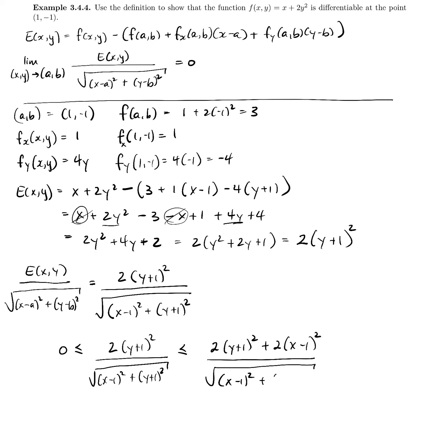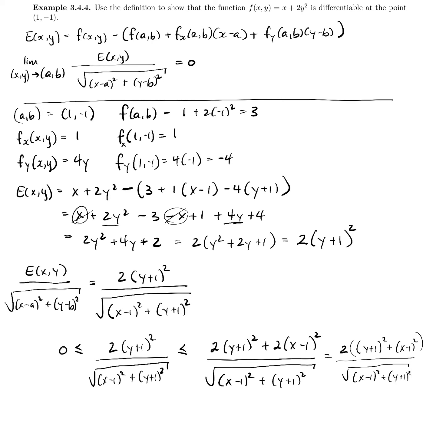Well, if we factor out a 2 from the numerator, we get 2 times (y plus 1) squared plus (x minus 1) squared, which is exactly what we have in the square root in the denominator, (x minus 1) squared plus (y plus 1) squared.